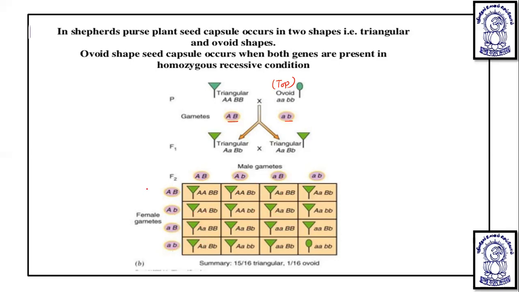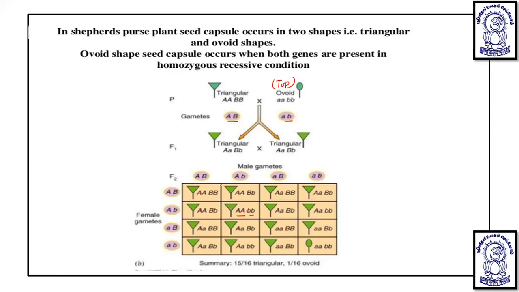Now, when we see the F2 generation, you can see that when any one is dominant or both are dominant, the triangular shape will be obtained. See, here capital A, capital B, all are dominant, either in homozygous or heterozygous condition. But here you can see only A is dominant, B is recessive, and it is still producing triangular, because these two genes are acting as duplicates of each other.